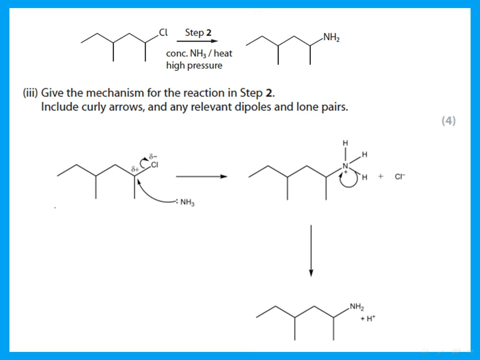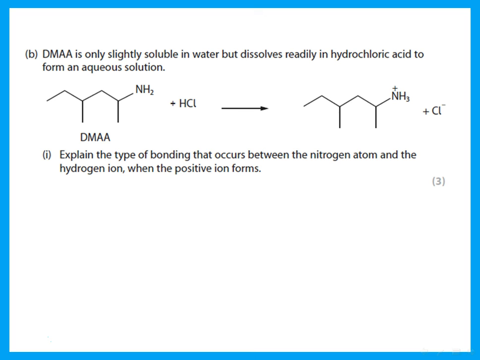That attaches the NH3, but that means the nitrogen has a positive charge because it is bonded to 4. It has 4 bonds coming out of it. So one of these hydrogens, the bond breaks and the electrons go to the N+. So I end up with the amine group attached to the alkane.